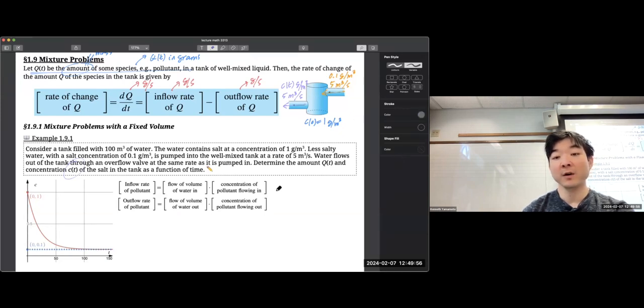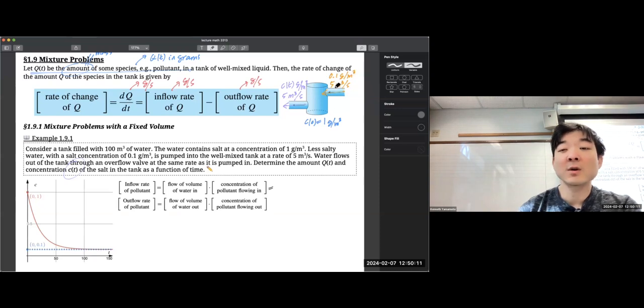If you look at your inflow rate, it is in grams per second because we're trying to find how much, in grams, Q is changing with respect to time in seconds. If we know that your concentration is 0.1 grams per meter cubed and you're pumping in at 5 cubic meters per second, how would you be able to tell the rate in grams per second?